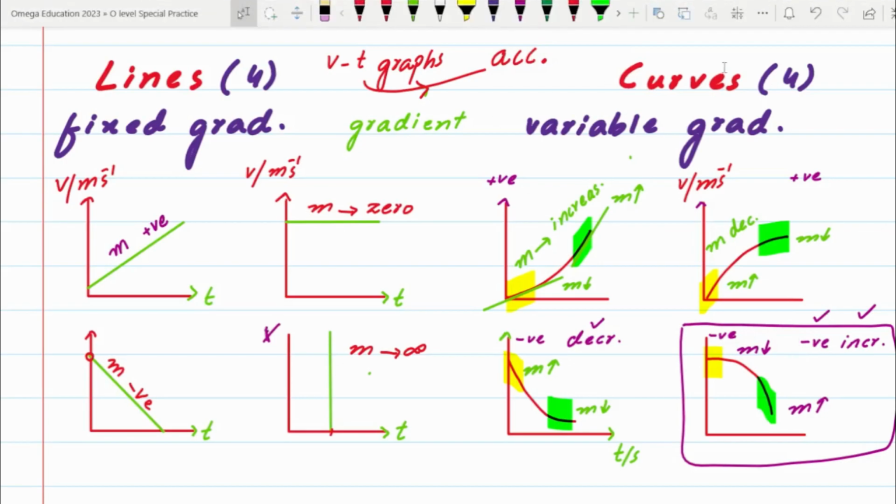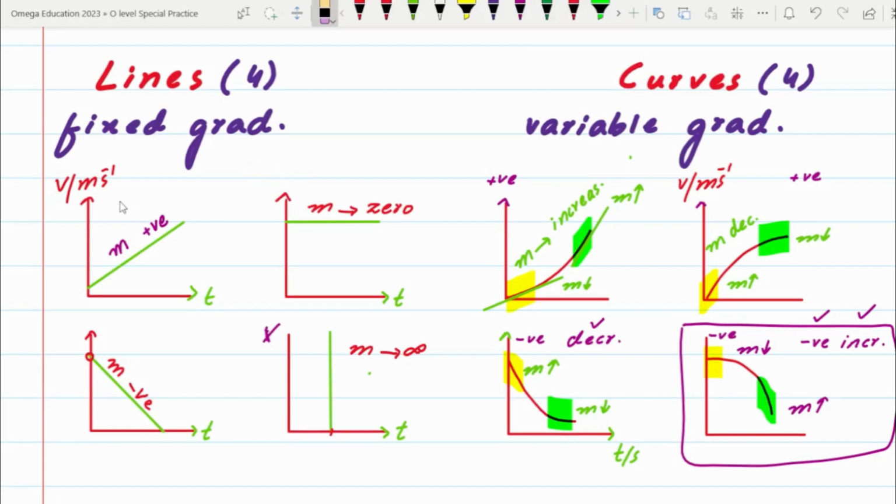So this is all about the graph. They can replace it with some other thing as well. For example, I'm going to change these graphs from kinematics altogether, and instead of speed time or velocity time, let me represent some other quantities here.